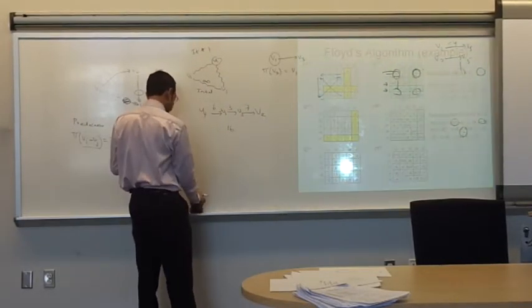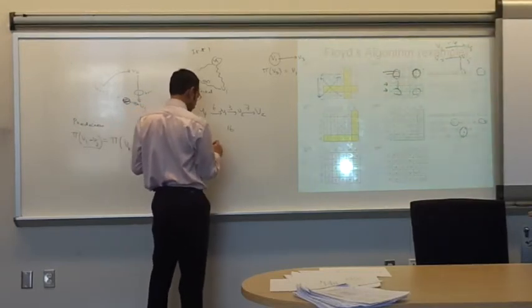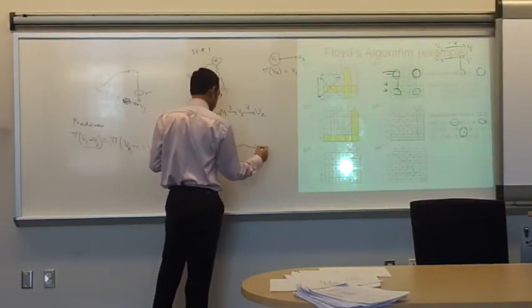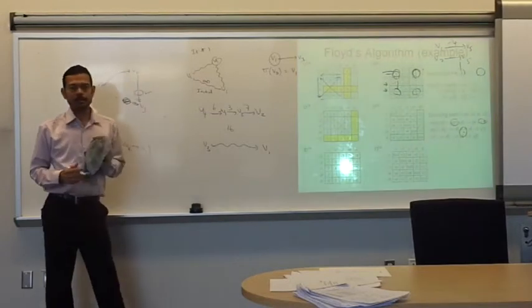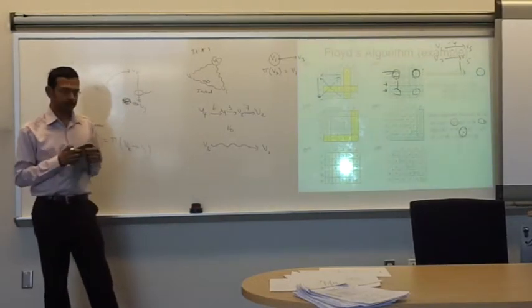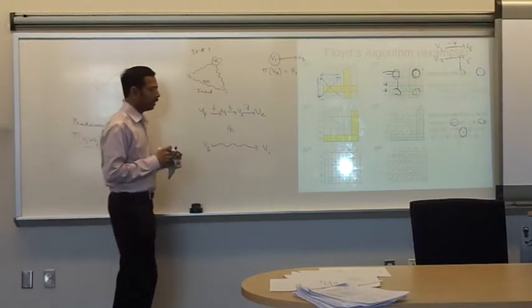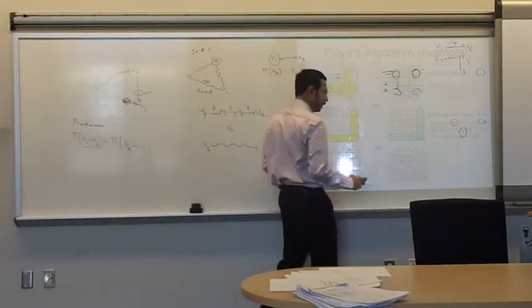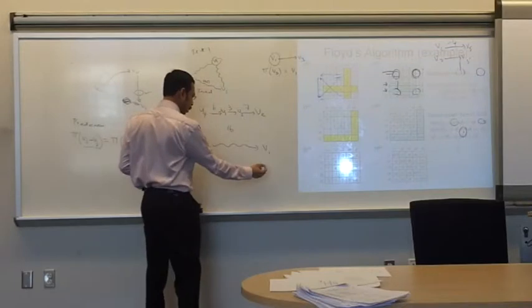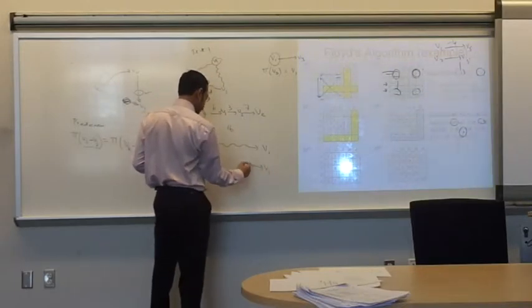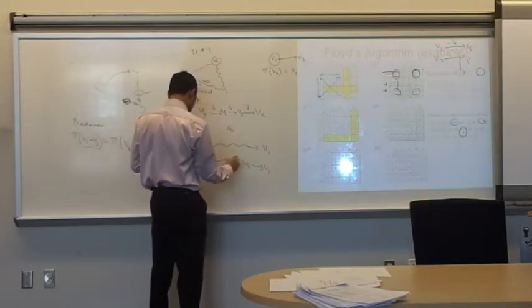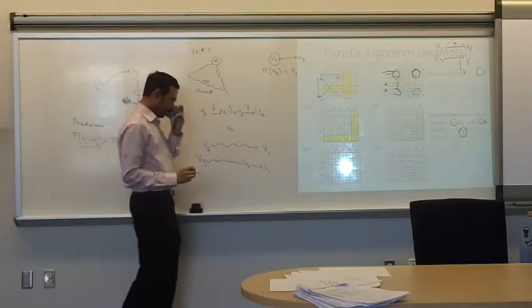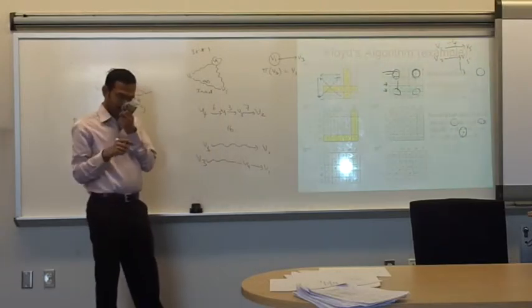Looking at the predecessor matrix, you tell me what's the predecessor from V3 to V1. The predecessor right now before V1 is V4.